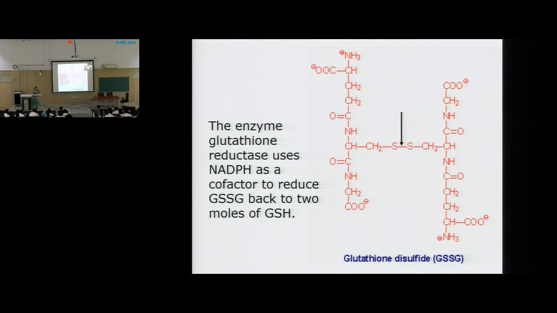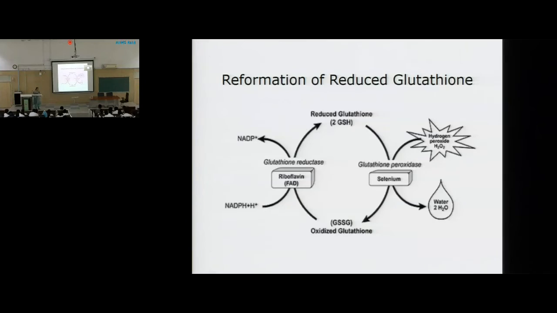Two glutathione molecules on removal of the H have joined together. How can you reform them? By reduction. So what is required for reduction? You require NADPH. So NADPH is required for the regeneration of glutathione.